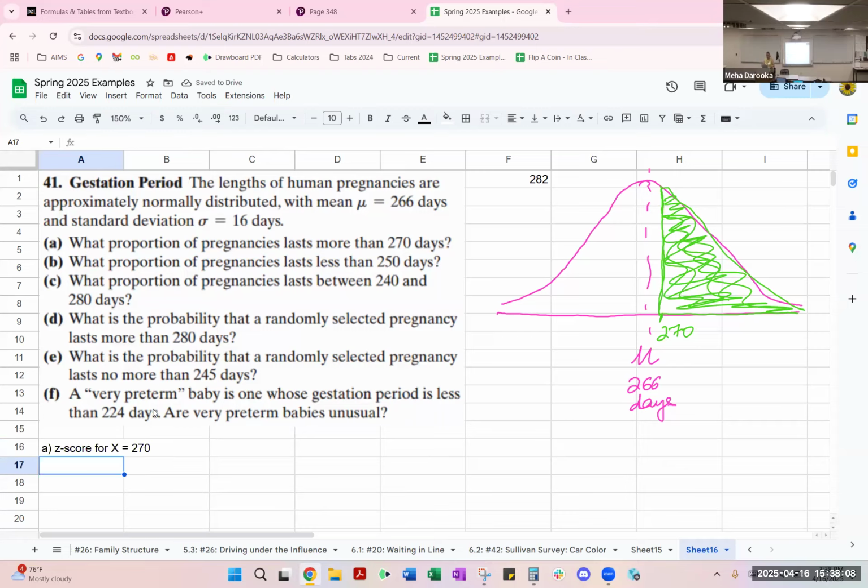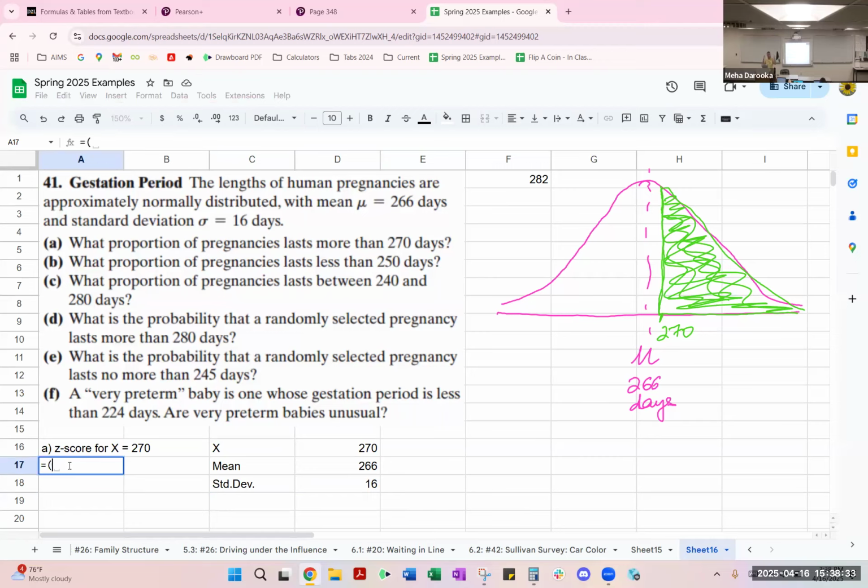So remember, the formula is you take your X value. Our X is 270, our mean is 266, our standard deviation is 16.